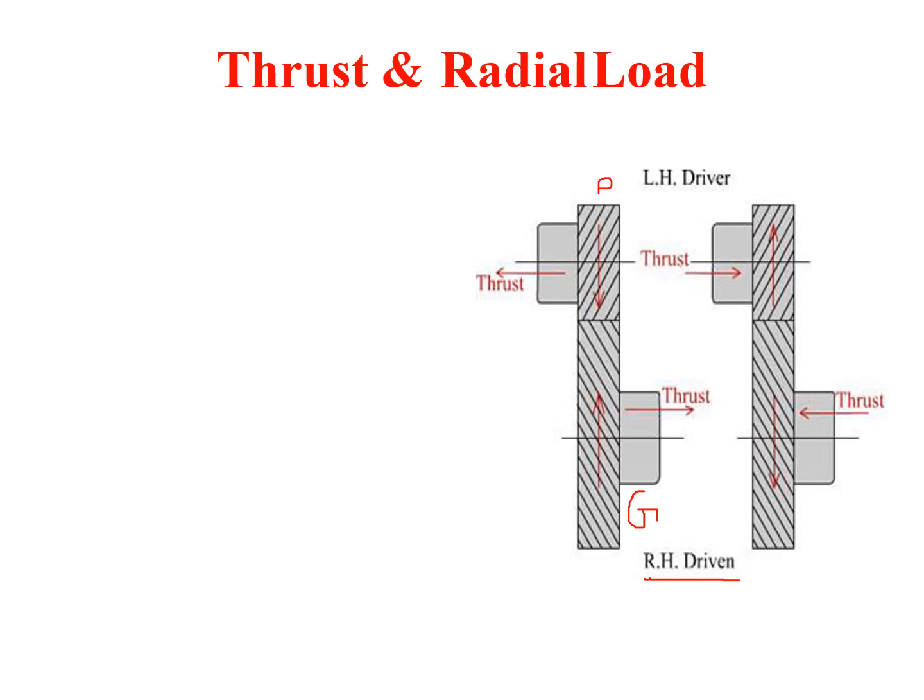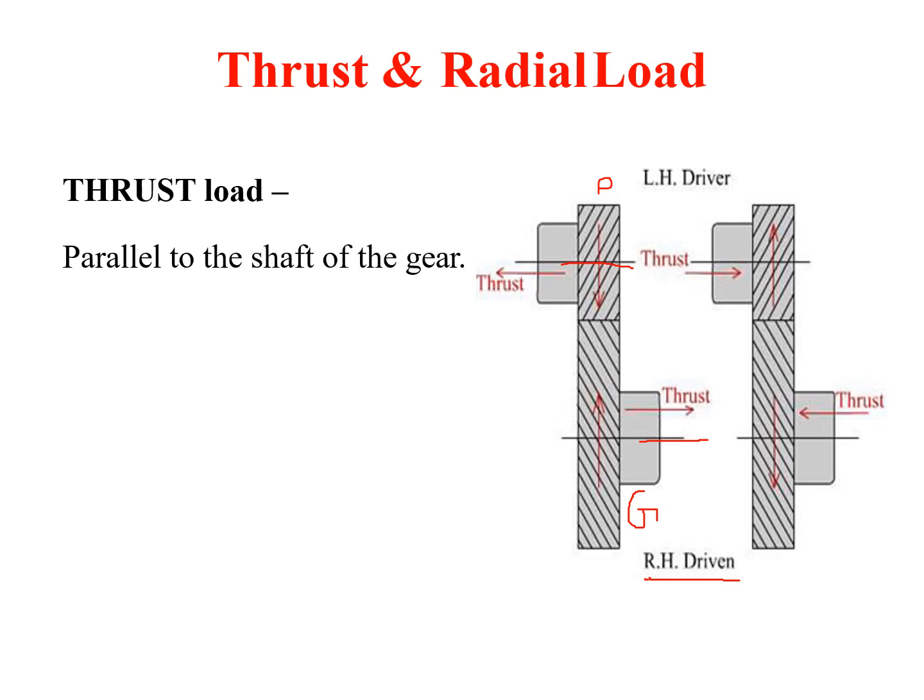This is the pinion and this is the axis of the shaft, and here is the gear and this is the axis of the shaft for the gear. Here the thrust load acts parallel to the shaft of the gears.